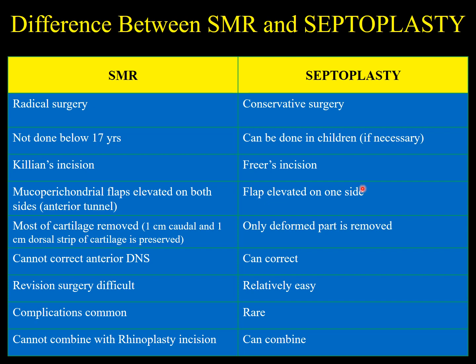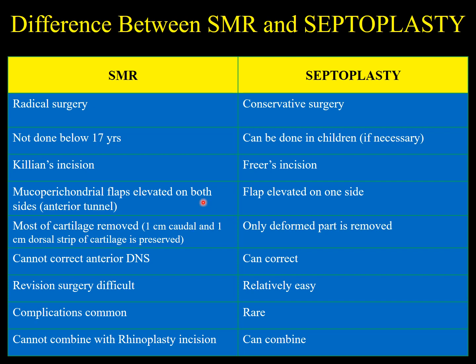And yes, you should again remember that for the piece of cartilage which we are removing, we need to elevate the perichondrium from that portion on the opposite side as well. But one side will be fully raised and on the opposite side, only that small area from where the cartilage needs to be removed should be elevated.